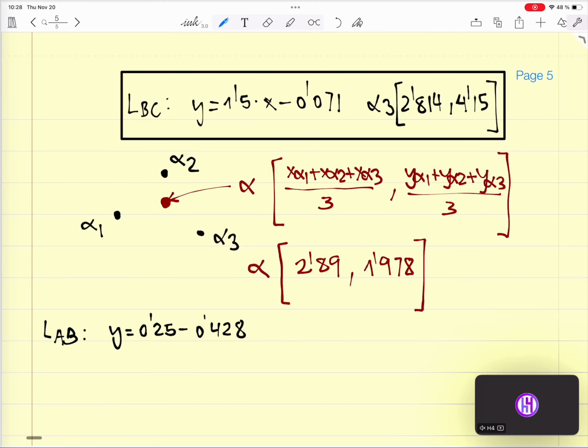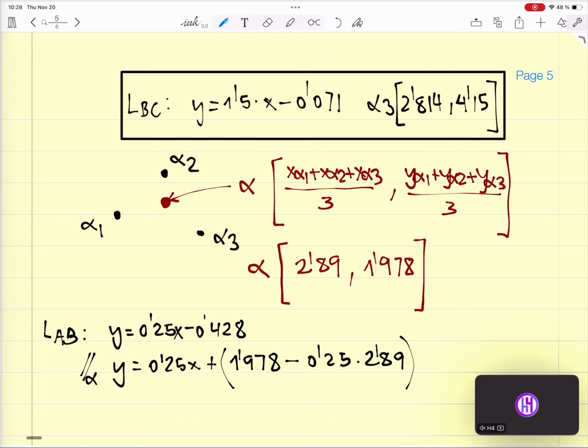Okay, the parallel line going through alpha has the same slope, but it has the following equation: y, the coordinates of alpha in y, minus m, the coordinates of alpha in x.